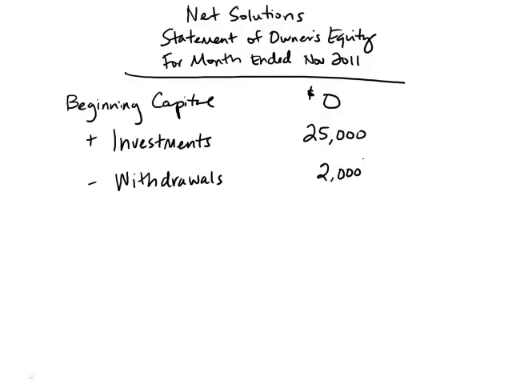He took out $2,000 at the very end of the month for his personal use. So we subtract that out. And then we add in net income from the income statement, $3,050.